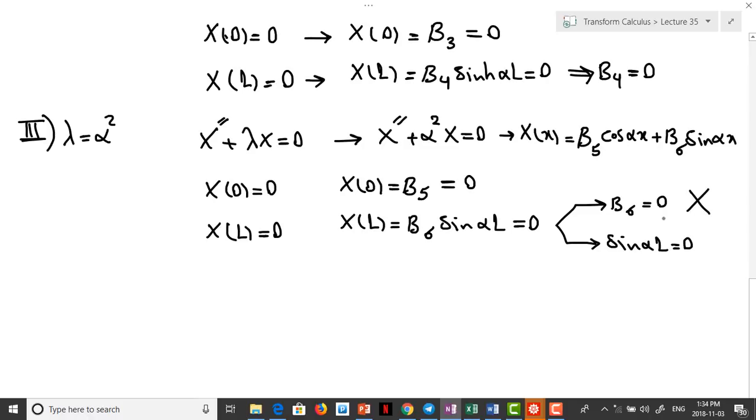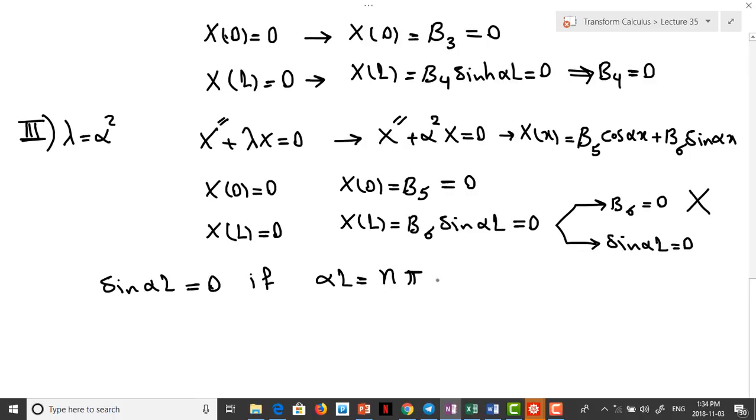But what about sine alpha L? Sine alpha L can be equal to 0 if alpha L is equal to n, which is a positive integer number, times pi. Because you know that sine pi is equal to 0, sine 2 pi is 0, sine 3 pi is equal to 0, and so on. So if alpha times L is equal to n times pi, then sine alpha L is equal to 0.